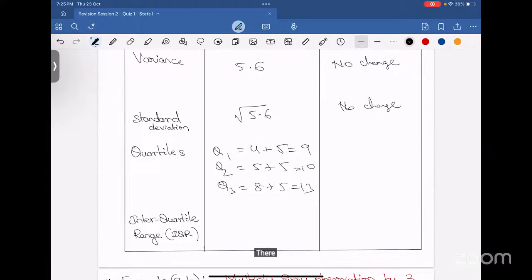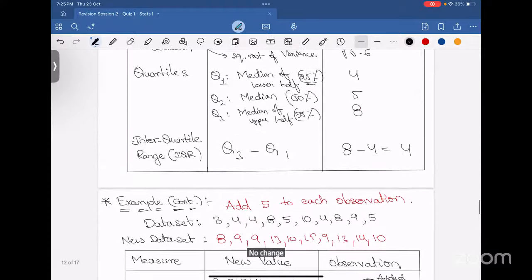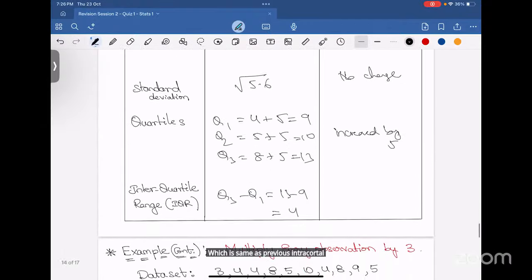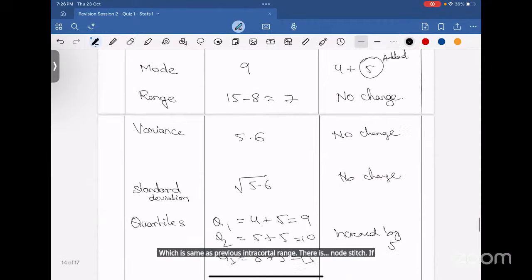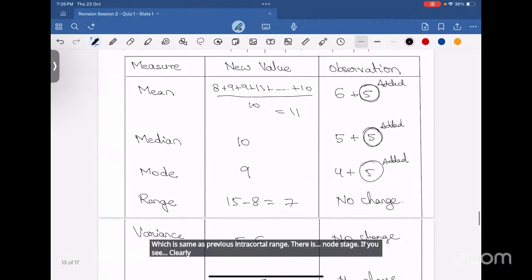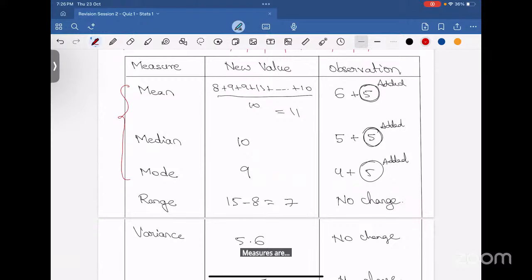Every value is increased by 5. But when it comes to the interquartile range, Q3 minus Q1 is 13 minus 9, which is 4. No change, which is the same as the previous interquartile range. If you see clearly, these first three measures are measures of central tendency.